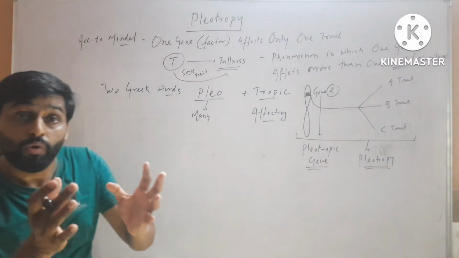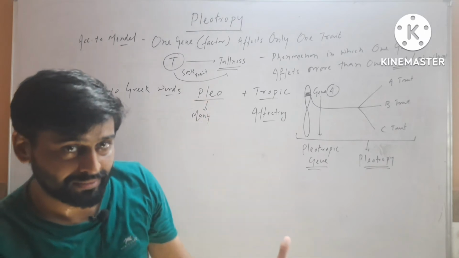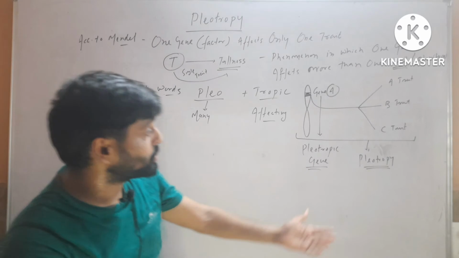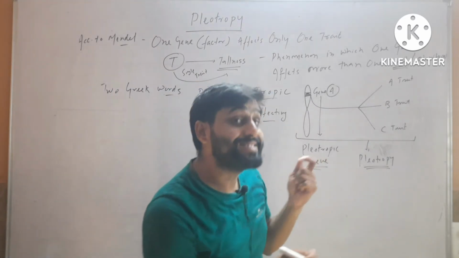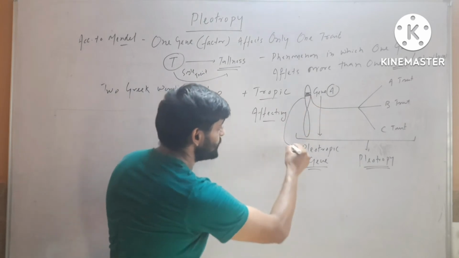So when one gene affects more than one trait, then this phenomenon will be called pleiotropy and that gene will be called a pleiotropic gene. So here gene A is a pleiotropic gene.